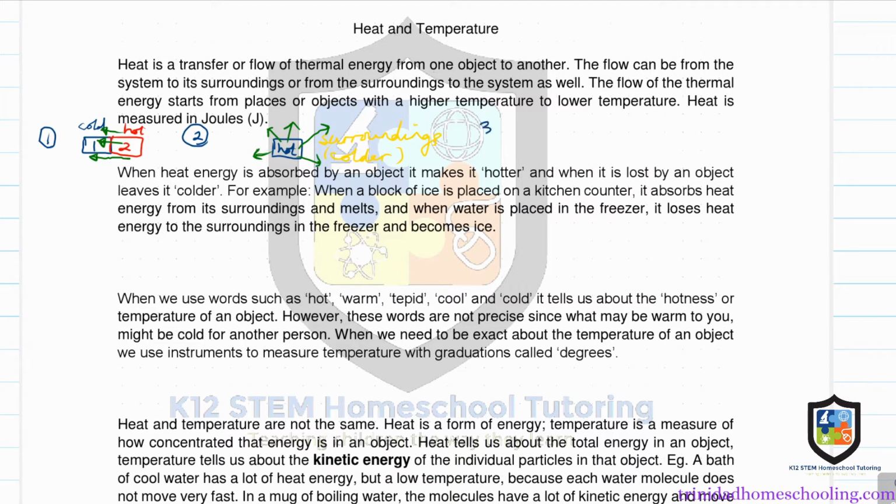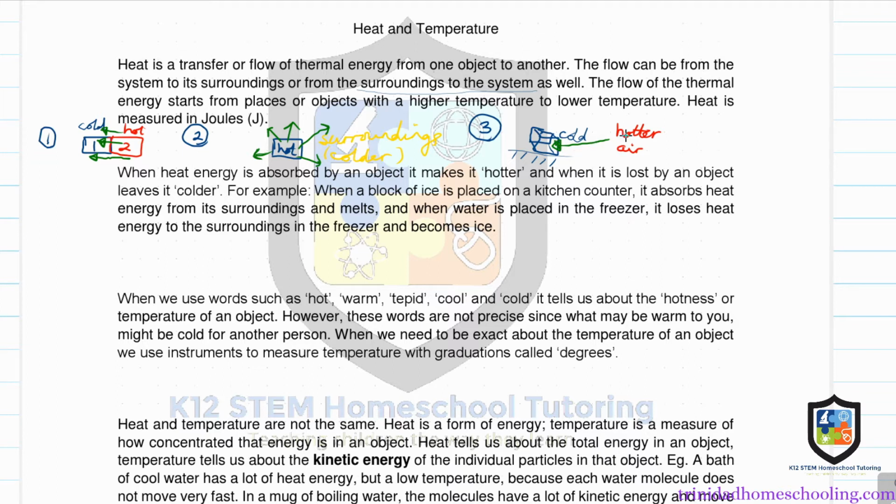The third scenario is when we have heat moving from the surroundings into the system. So for example, we have a block of ice sitting on your counter on a table, and the ice is cold, and your surroundings is actually hotter, right? So hot air in your surroundings. The direction that the heat would move would be from the hot air into the system.